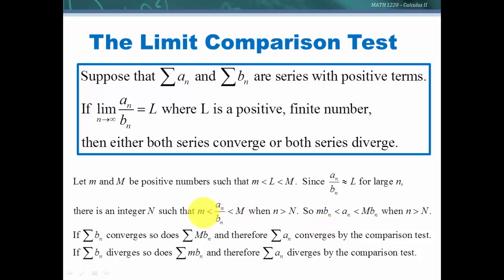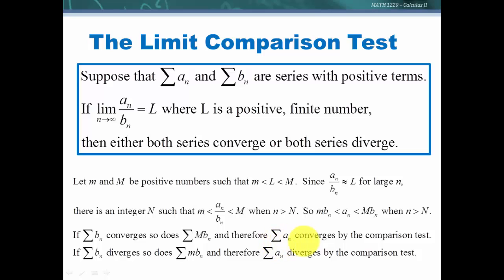So then we could multiply both sides by b sub n. They were positive term sequences, so we're good to do that with the inequality, and that would put b sub n on either side, provided that we're out past capital N. Okay, so now as we look at this, if b sub n converges, which was our comparison that we know the convergence of, then so would some finite number times this, because if it converged to something, multiplying it by a finite number, it's still going to converge.